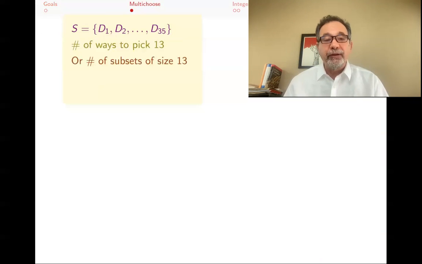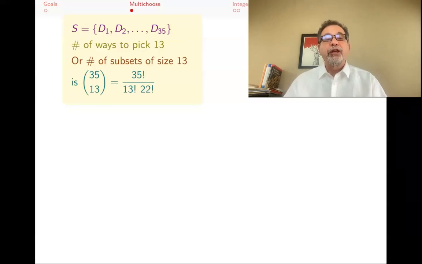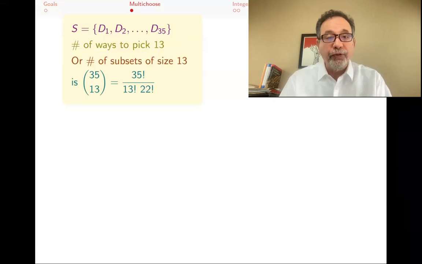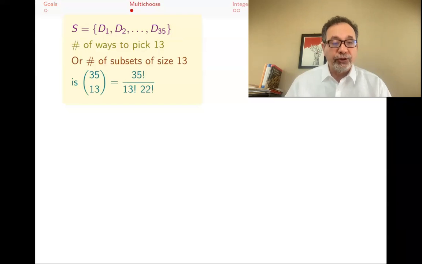The answer would be the same as finding how many subsets of size 13 a set with 35 elements has, and the answer is 35 choose 13, which would be 35 factorial over 13 factorial times 22 factorial. My video on combinations goes over this quite a bit. If you're not familiar with the binomial coefficients and 35 choose 13, please watch that video first.